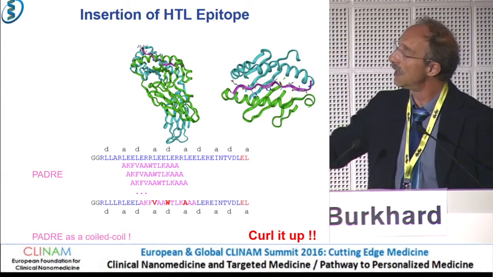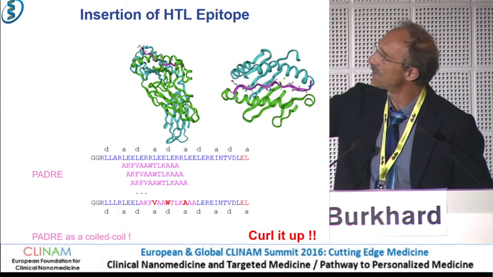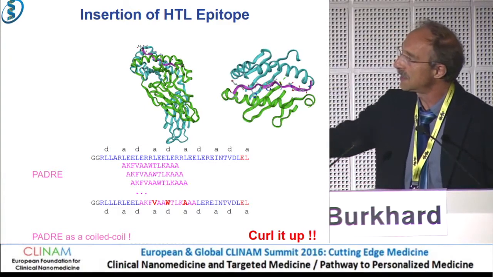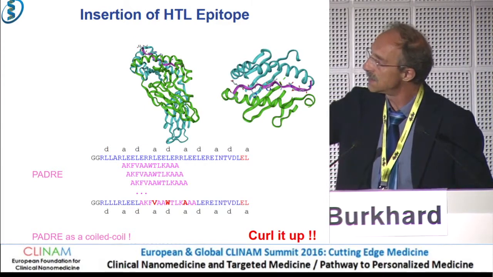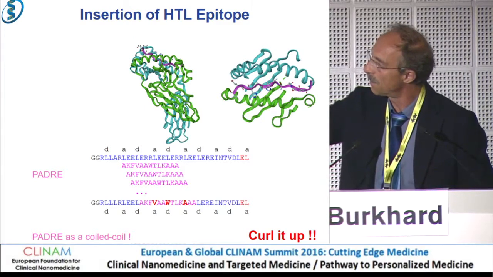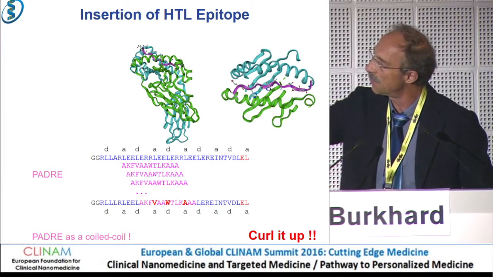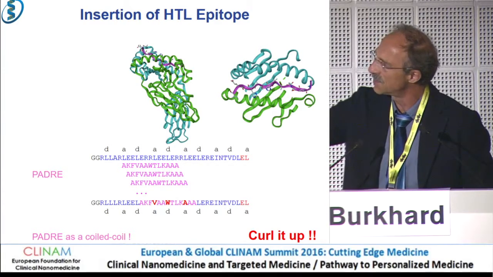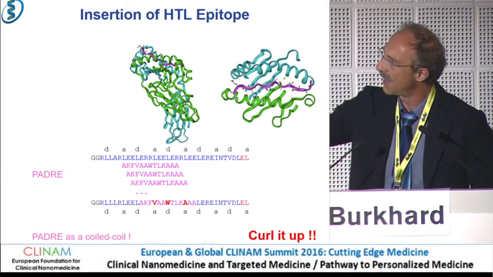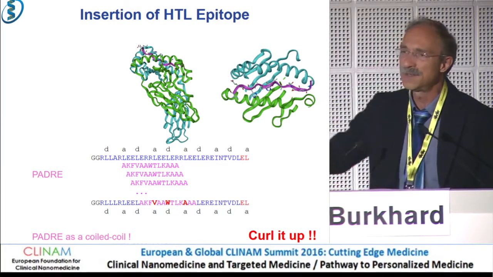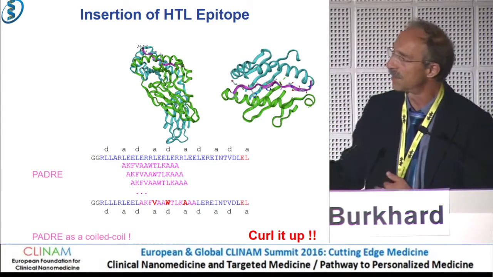Now, how can we engineer an extended peptide into a coiled coil? Basically, we align the sequence of the peptide of the T-cell epitope along with the coil sequence, which has a 7 repeat pattern in which A and D positions are always hydrophobic residues.